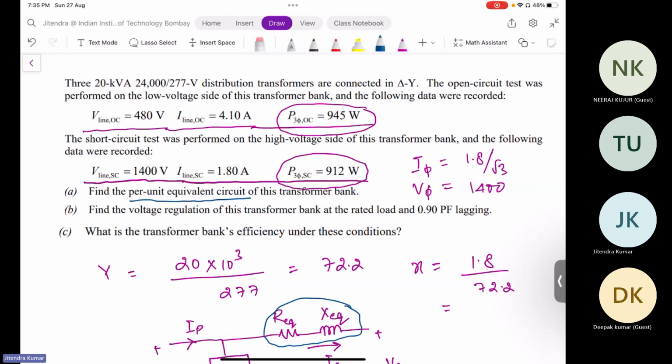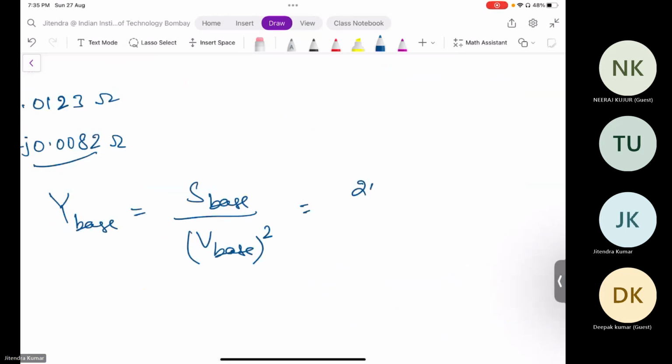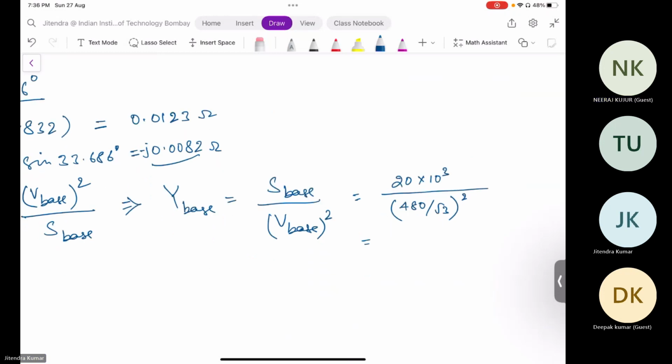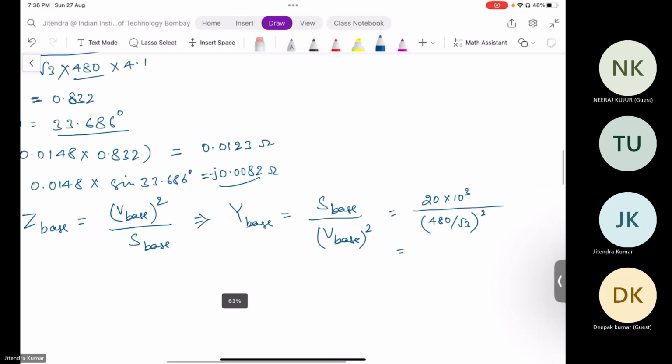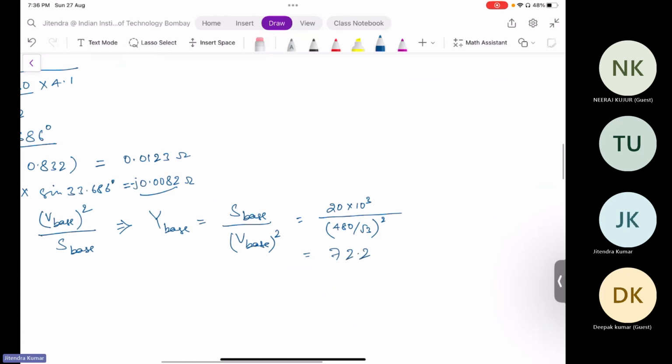So our voltage is 480 volt, and it is on the star side. So the phase value will be 480 by root 3, and for one phase the kVA is 20 kVA, right? So 20 kVA divided by 480 divided by root 3 square, and how much will it come out to be? 72.2 Siemens.